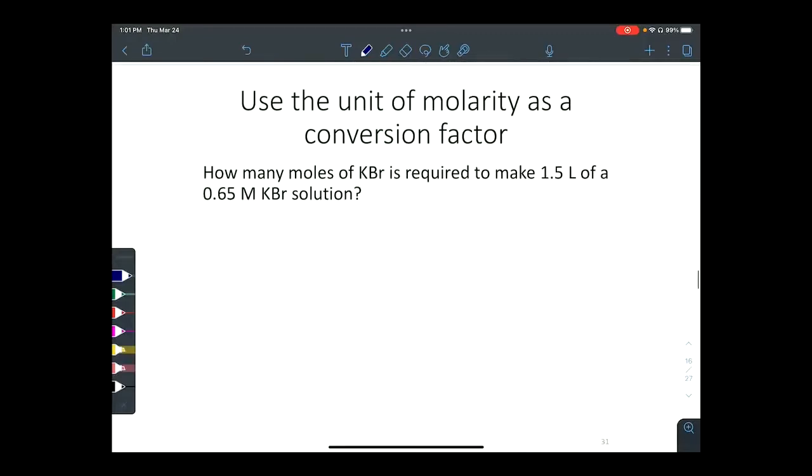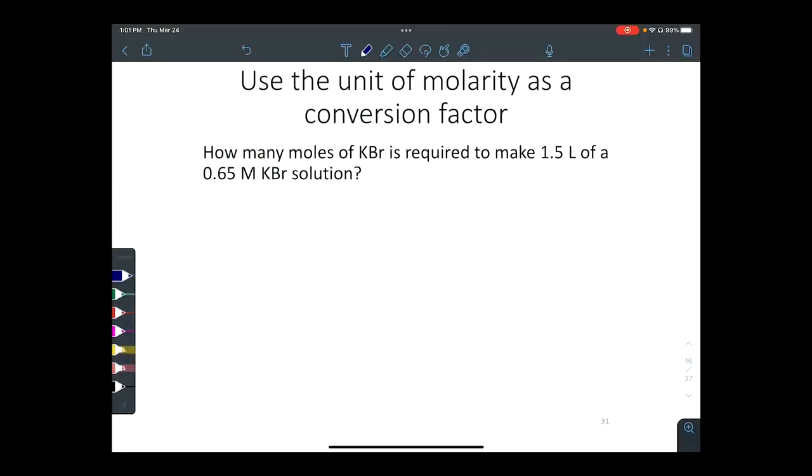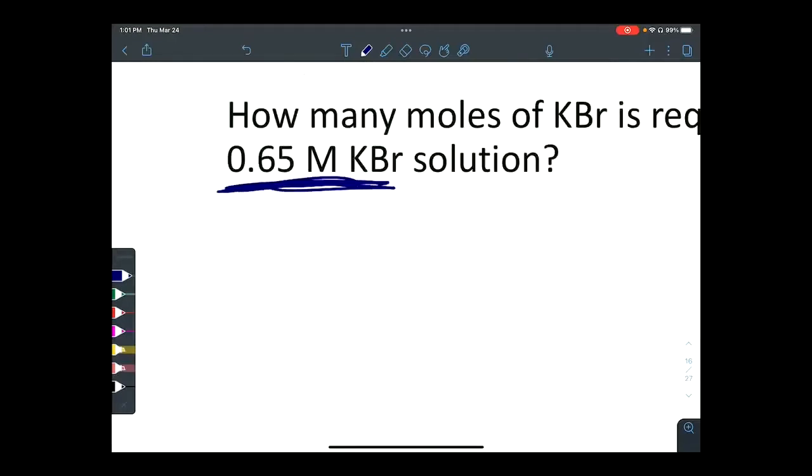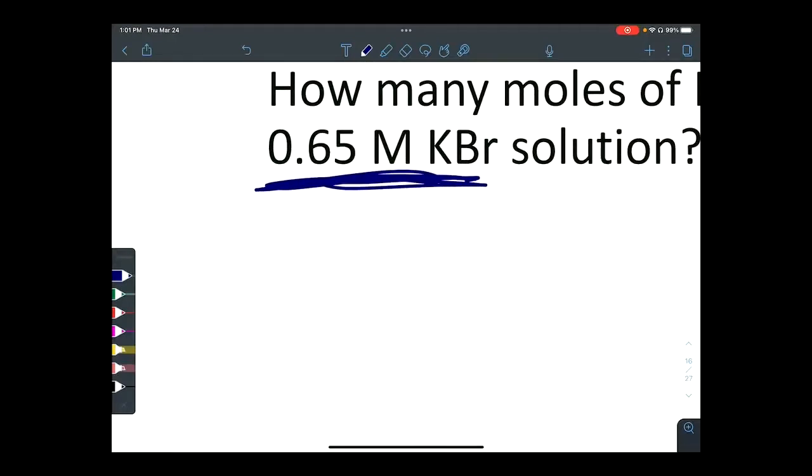All right, so taking it one step further, we can actually use molarity as a conversion factor, and I kind of already showed you this. When we are given a molarity value, so 0.65 molarity KBr, we can rewrite this into an equality. If you just remember what the unit of molarity is, it's moles per liter. So this means 0.65 moles per liter of KBr.